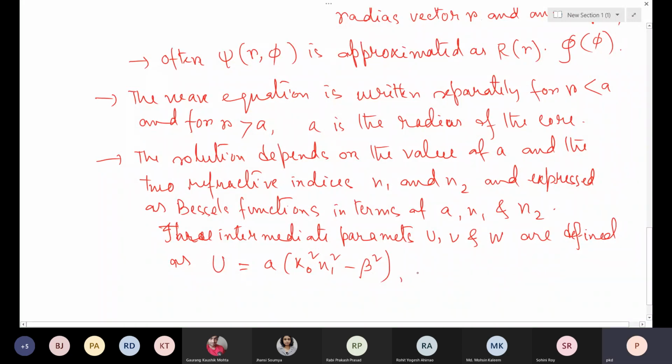W equal to a into (beta square minus k0 square n2 square) whole to the power half.